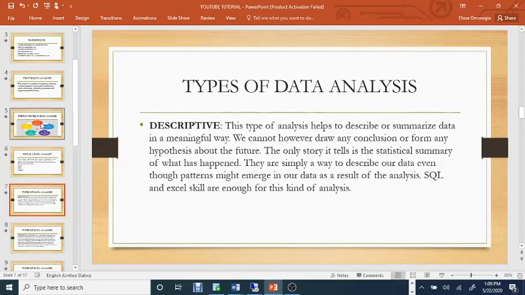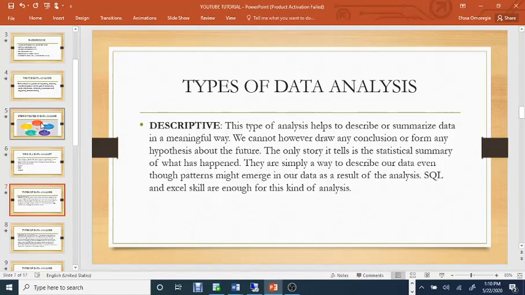It is carried out in order to come up with some statistical summary on the data that an organization has. Towards the end of this tutorial, I'm going to quickly show you what exactly I mean by that. If this doesn't make complete sense to you at this point, it's still fine.